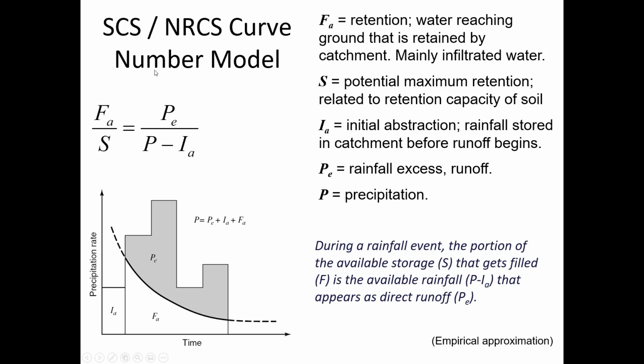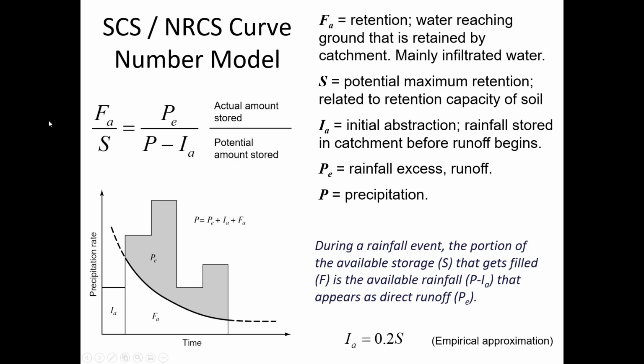Now, I think maybe we've touched on that idea before, but what's new is the way that they account for what they're introducing as storage. It's the maximum capacity of water that could be stored by the soil.